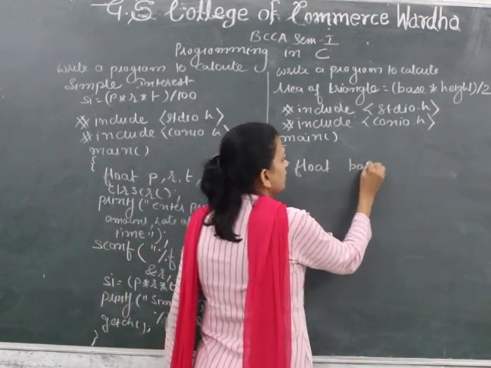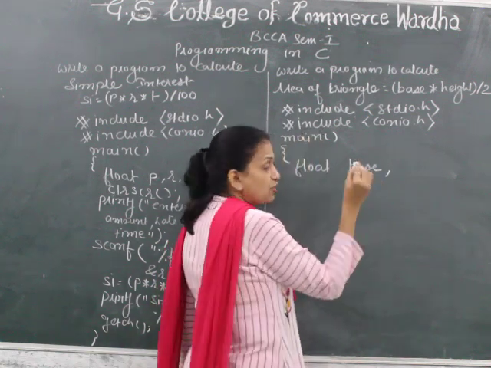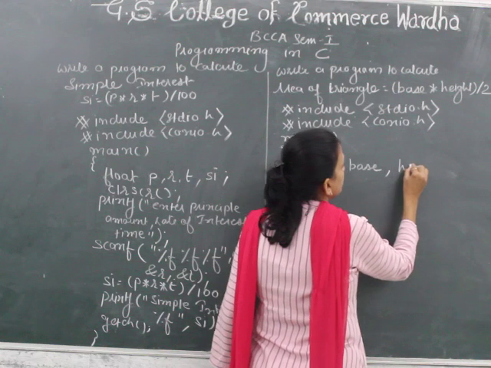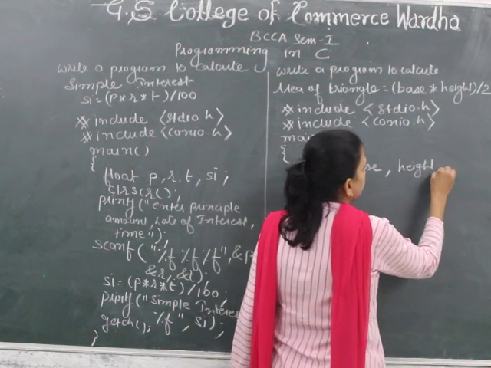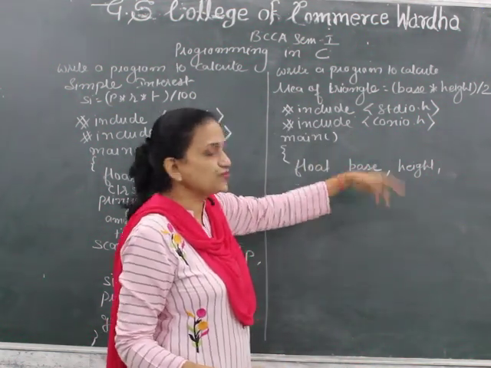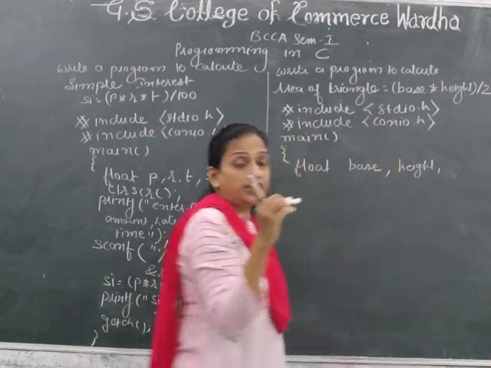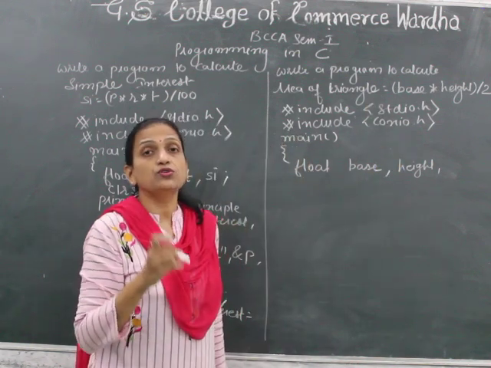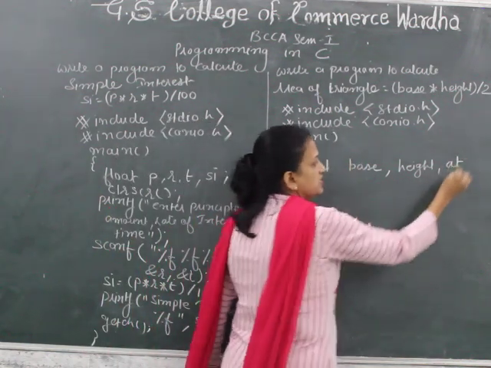So one variable B is to store the value of base, and another variable is height. Or you can declare them as B or H: B is for base and H is for height. Now one more variable we need over here to store the output, that is AT, the area of triangle.